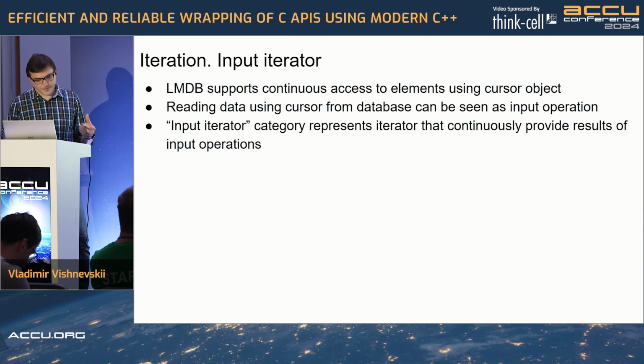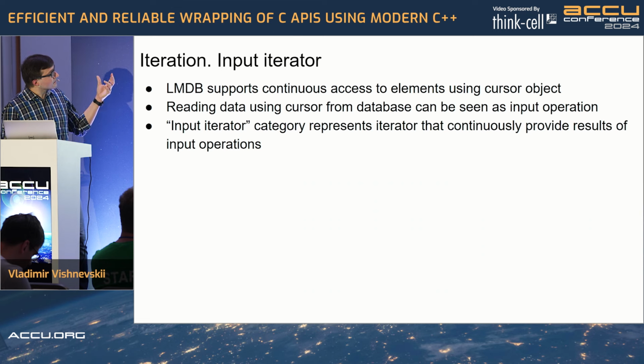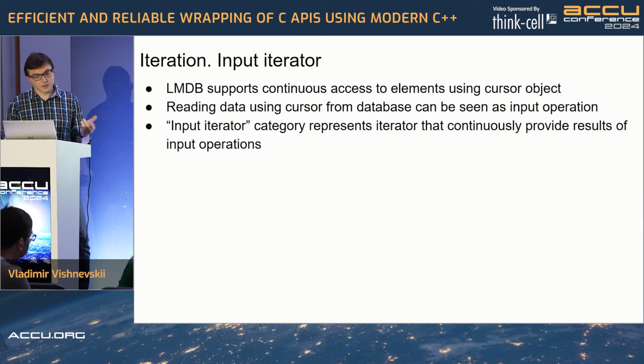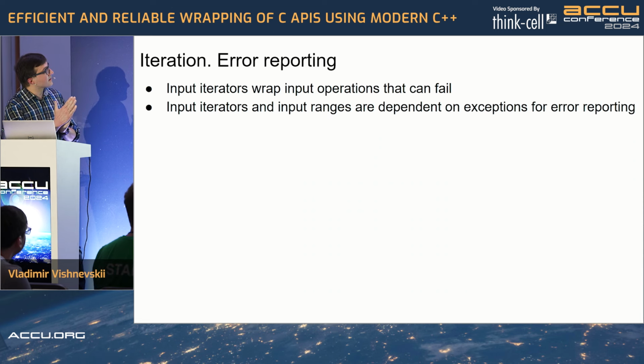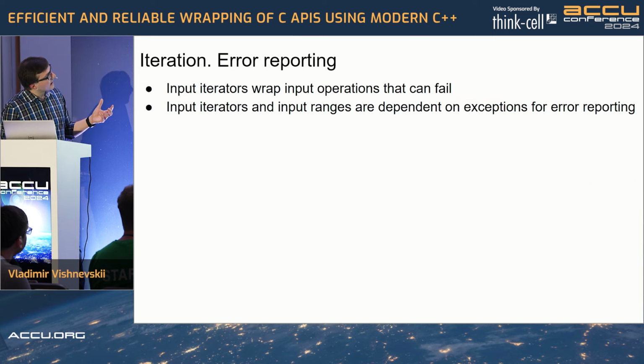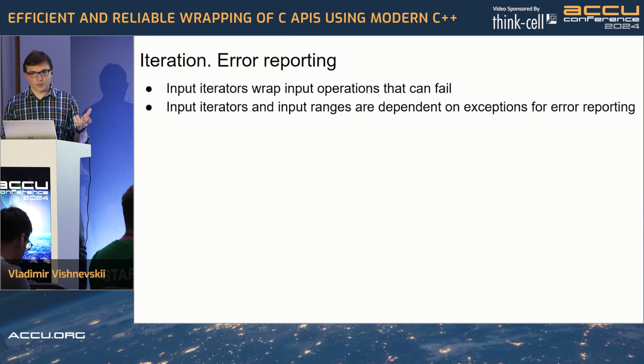And to implement the iterators, we need to consider that the input operations of the API that we wrap can fail. That means we need a mechanism to propagate the error reporting from the API.